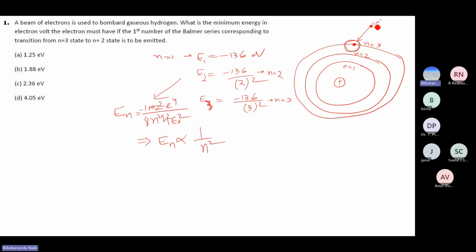This is the electron beam and this is the hydrogen atom electron. So if you see here, the third energy level has energy minus 13.6 divided by 9. Can anyone tell me what will be the value?